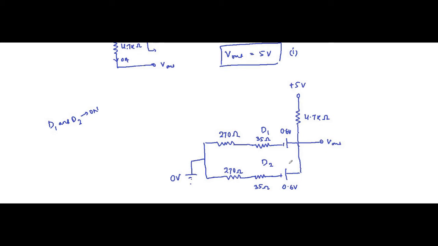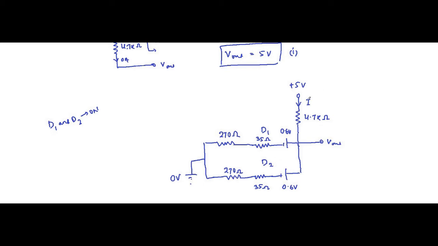All the parameters are the same: 0.6 volt, 35 ohm forward resistance, 270 ohm resistor connected. Here also the same. So if current flowing from this 5 volt source is I, then the current through each of these branches will get divided equally.